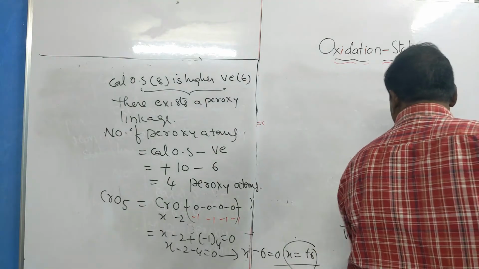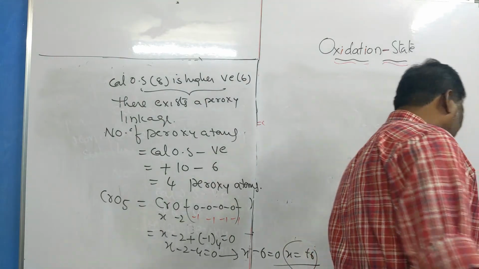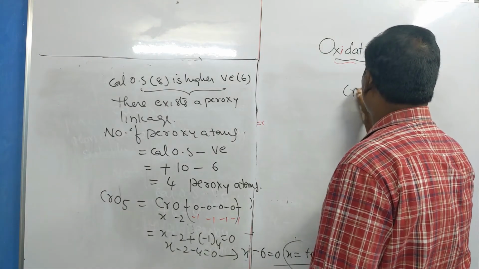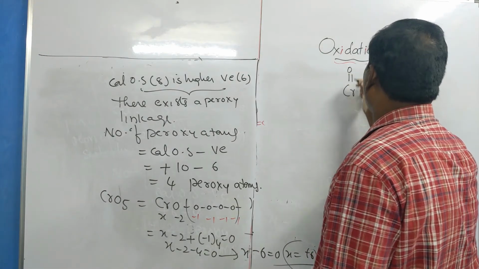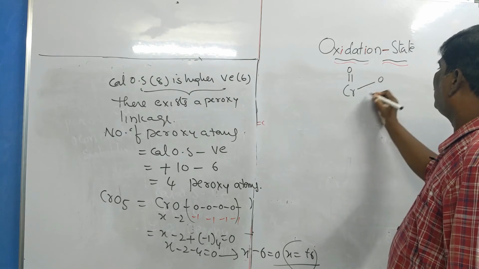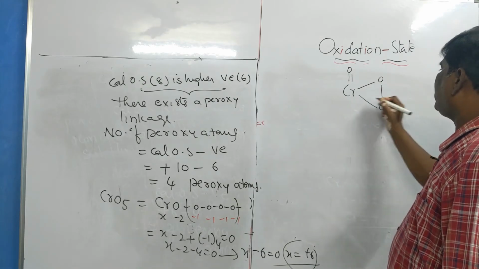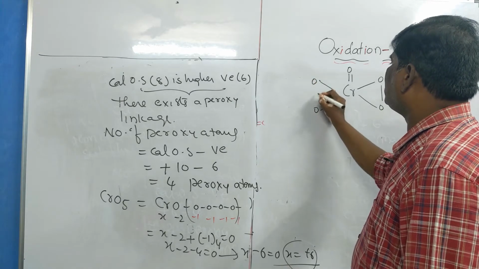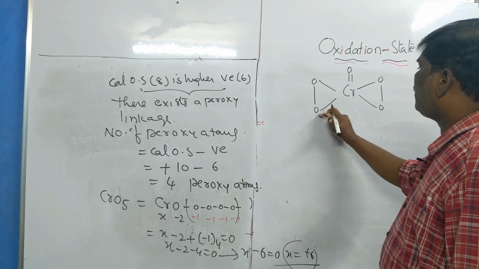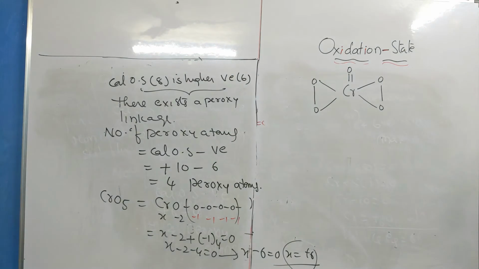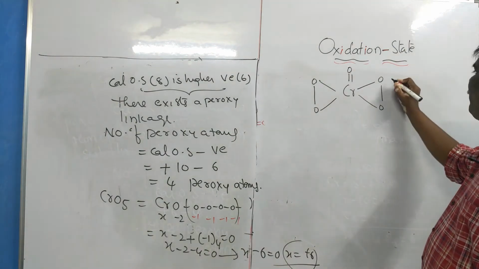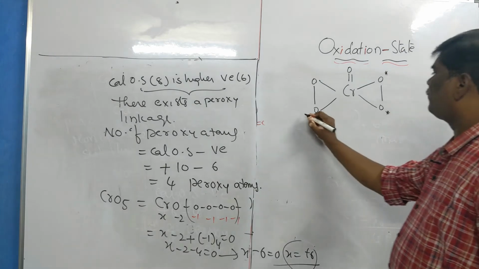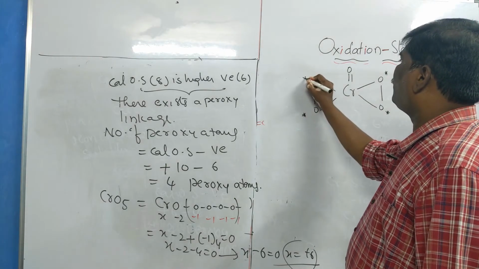Chromium peroxide has a butterfly structure, butterfly geometry. 1 chromium with general oxygen, but there are 4 peroxy atoms like this. So what is called a peroxy linkage? Oxygen-oxygen linkage is known as a peroxy linkage. So how many peroxy atoms are there? 1, 2, 3 and 4.